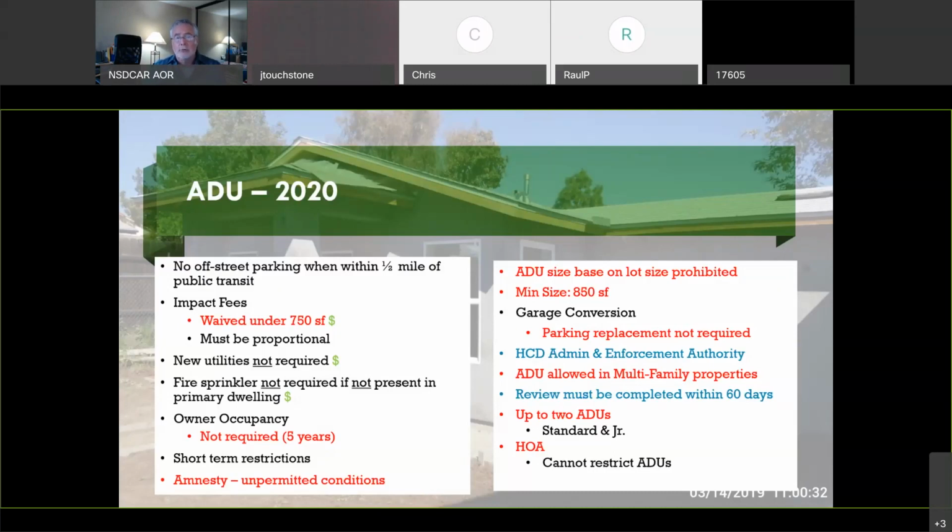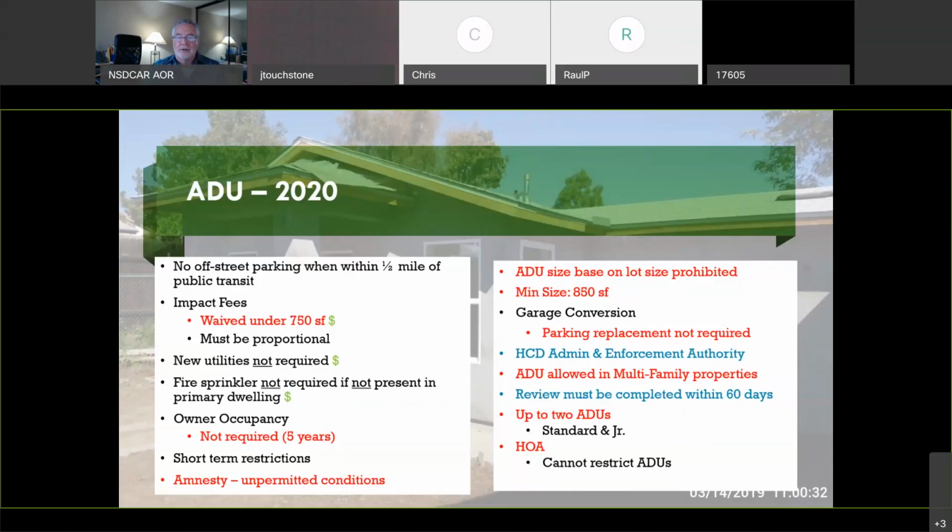They'll allow up to 2 ADUs on a single property. So you can do a standard, that's attached, detached, or garage conversion, and a junior. So you can now add up to 2 additional ADUs as long as one of them is a junior. And then HOAs, they cannot restrict ADUs.